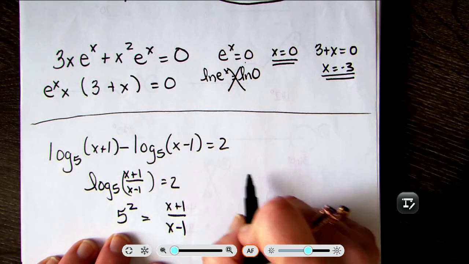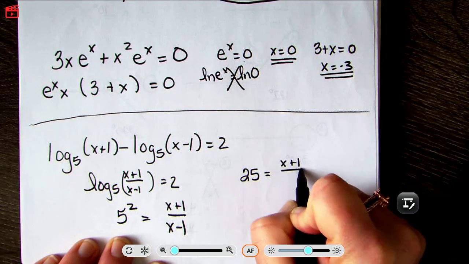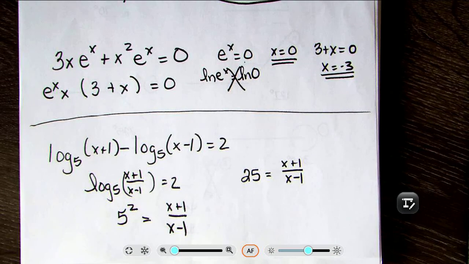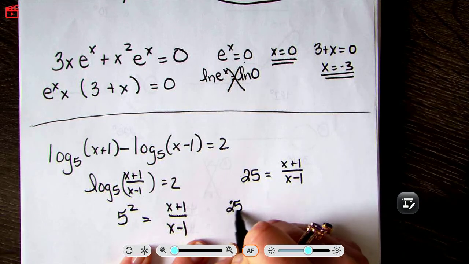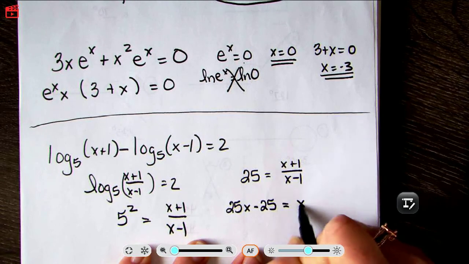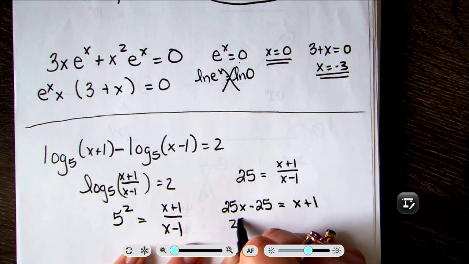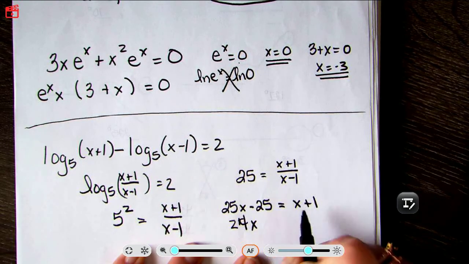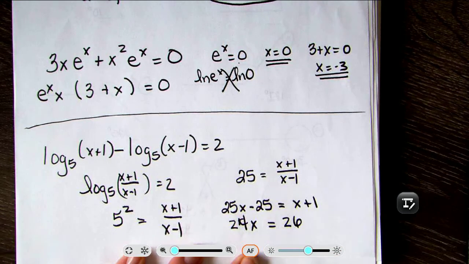5 squared is 25. I'm going to multiply both sides by that x minus 1. So this gives me 25x minus 25 is equal to x plus 1. I'm going to subtract x, so it gives me 24x, and add 25, so it gives me 26.